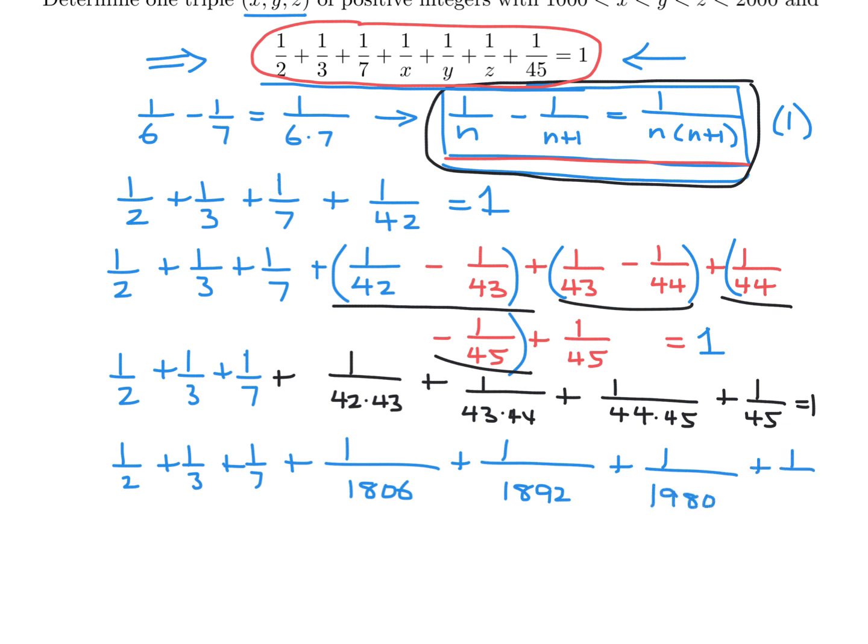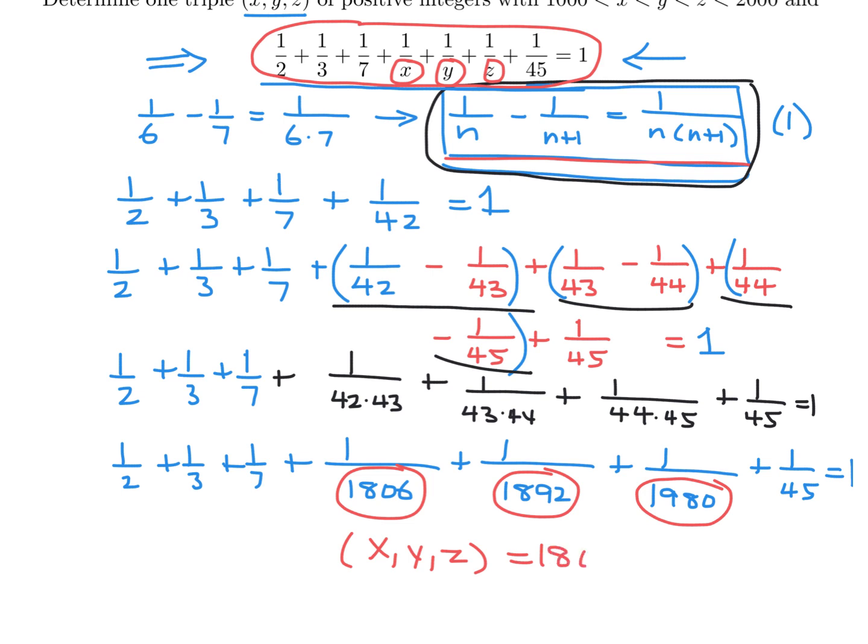And then we have that 1 over 45, and that equals 1. So with a little bit of fancy algebra, we're able to figure out that that is my x, that is my y, and that is my z. So the triple x, y, z is 1806, 1892, and 1980.